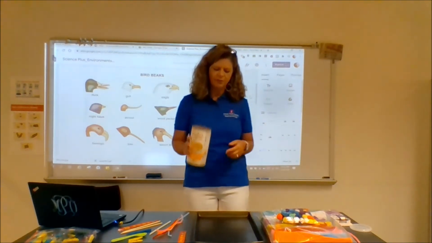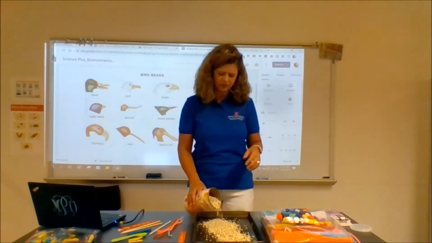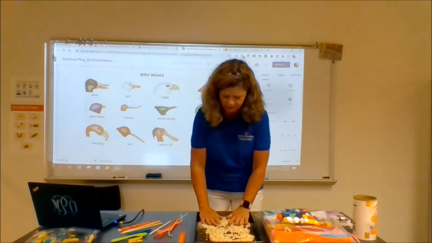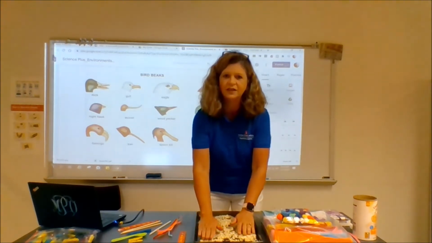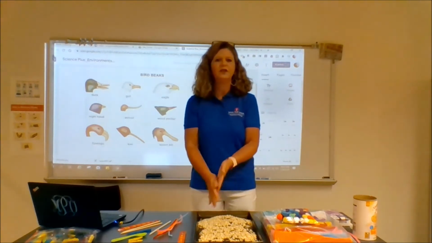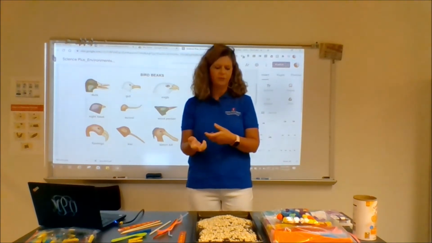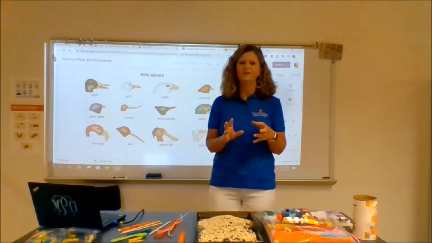But I like to put the oatmeal down to show the kids that you want something that can pick up the item, and you don't want to get too much of the other stuff. Like if they don't eat grass, then you obviously want to avoid getting the grass, and you'll see with the different items why certain things are better. And then you have a wide assortment of materials to put on here.